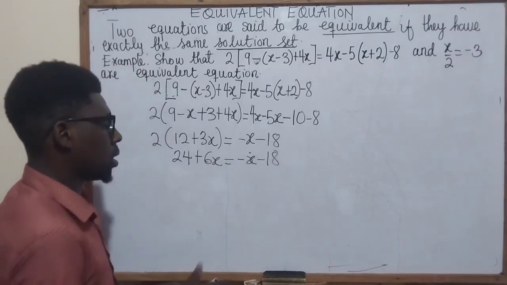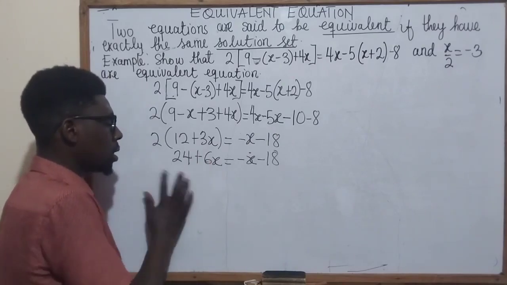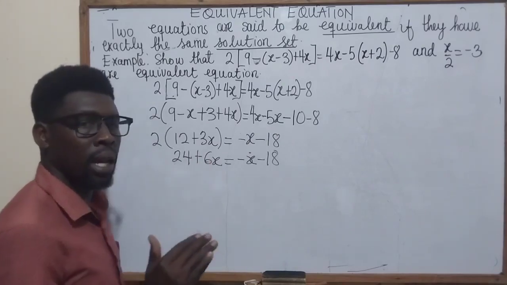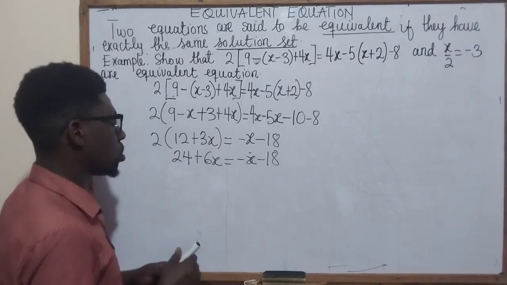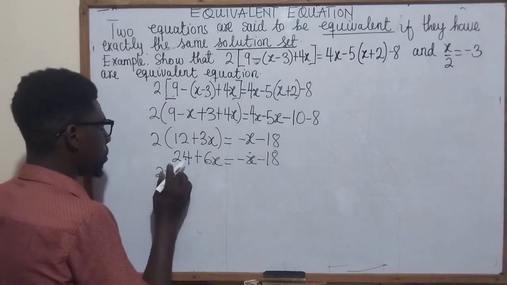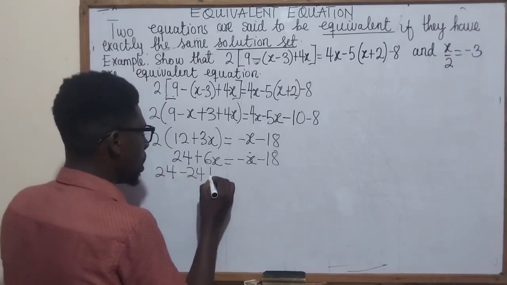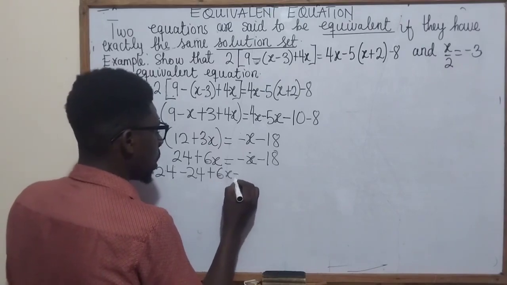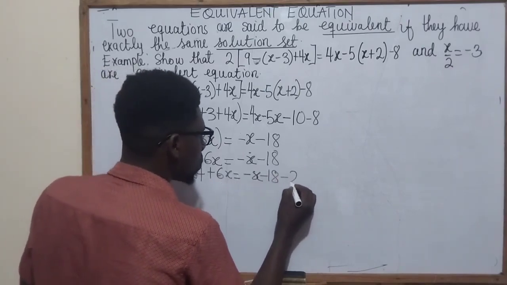Since we are looking for x, let's eliminate this 24, and we are applying the subtraction property of equality. So I'm going to subtract 24 from 24, plus 6x equals negative x minus 18 minus 24.